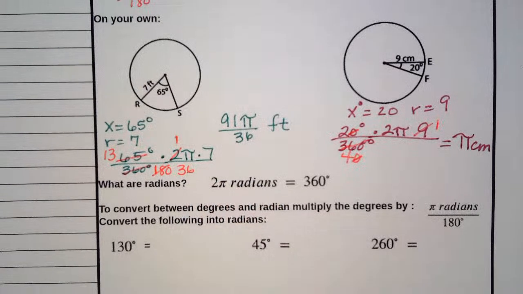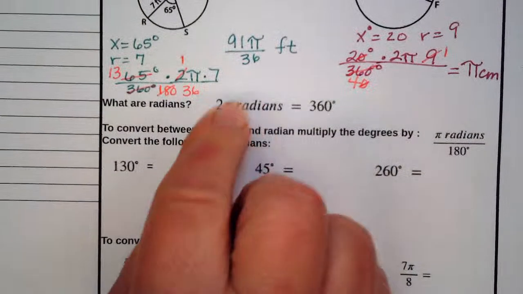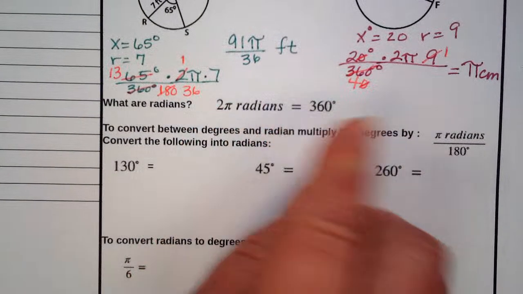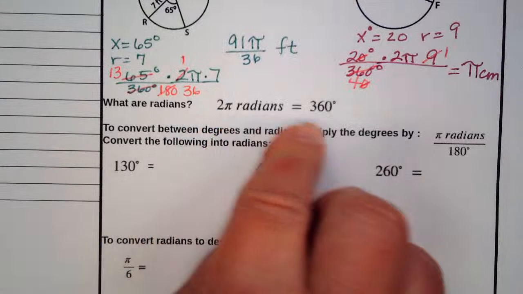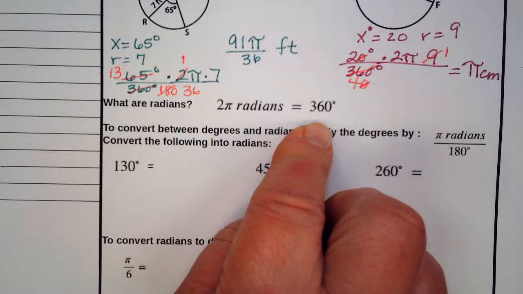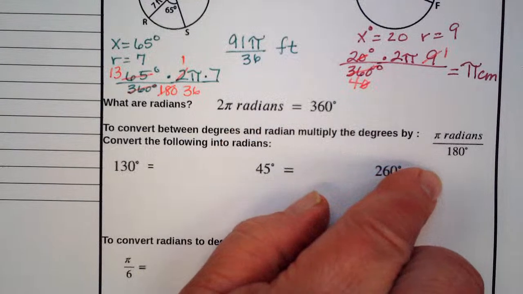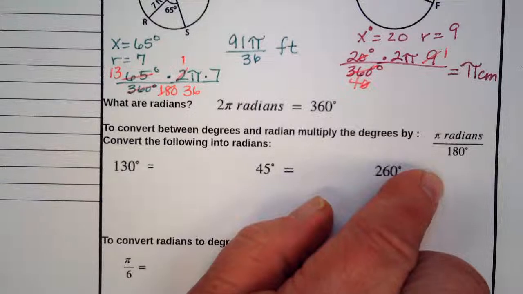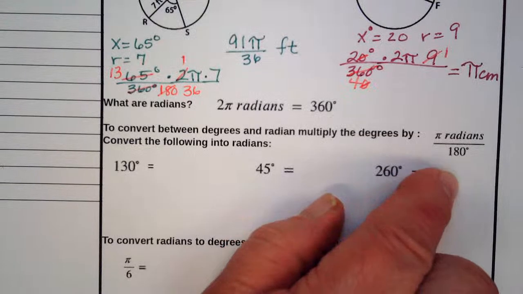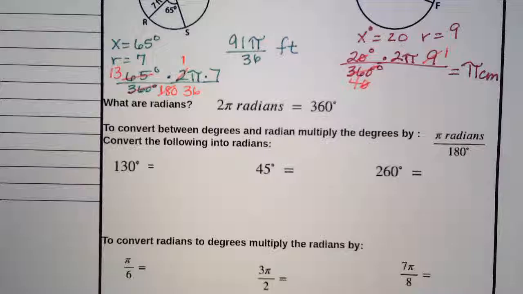If I divide it by 2, you end up with pi radians is equal to 180. Divide both sides by 180, and you end up with pi radians over 180. So to convert, if you've got degrees, you multiply by pi radians over 180.